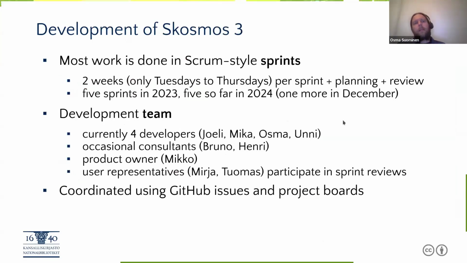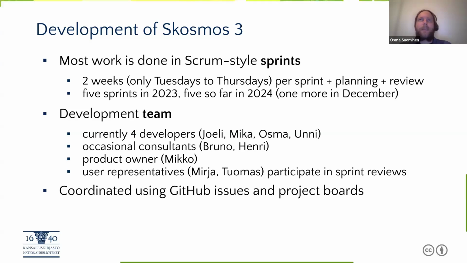About how we do development, most of the work is done in Scrum style sprints. I'm not sure how religiously we are adhering to Scrum, but we have tried to take some advice from there. In practice, it means that we're scheduling these 2-week sprints every now and then. The sprint is defined as the days from Tuesday to Thursday of those 2 weeks.